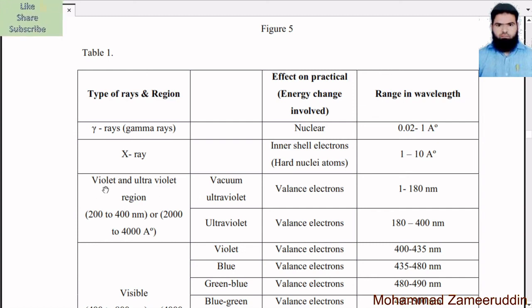Then vacuum ultraviolet and ultraviolet radiations affect the valence electrons on the outer shell of the atom, and they are also assumed to be harmful to the human body. Ultraviolet radiation has a range of 180 to 400 nanometer, and the vacuum ultraviolet region is 1 to 180 nanometer.